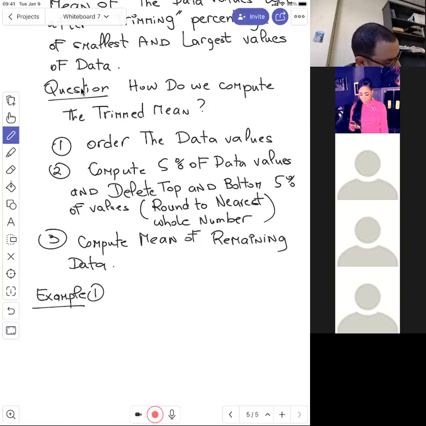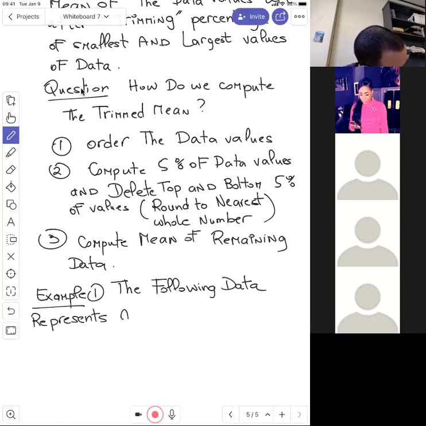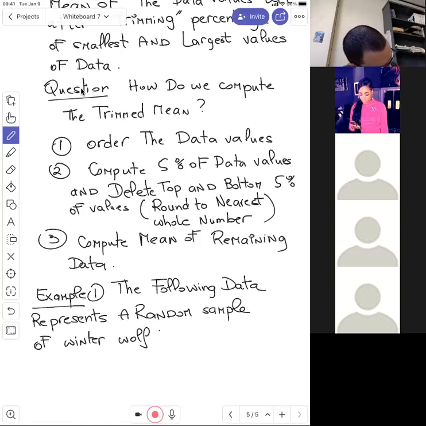The following data represent a random sample of winter wolf pack sizes in some different regions, let's say in Russia or in the US.